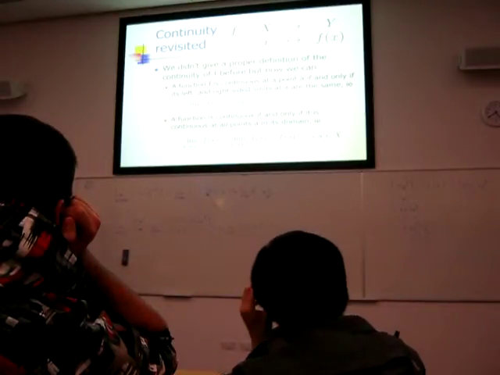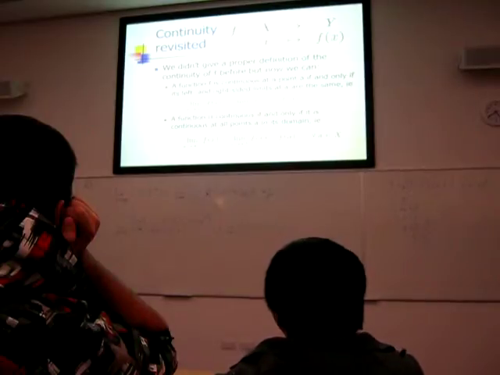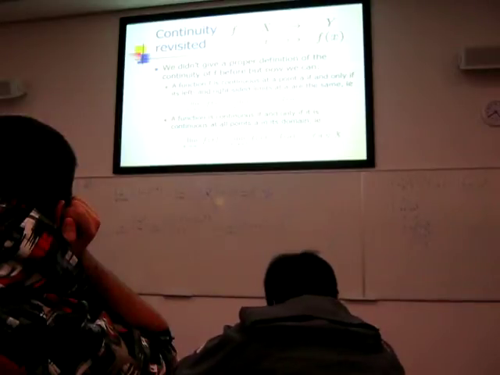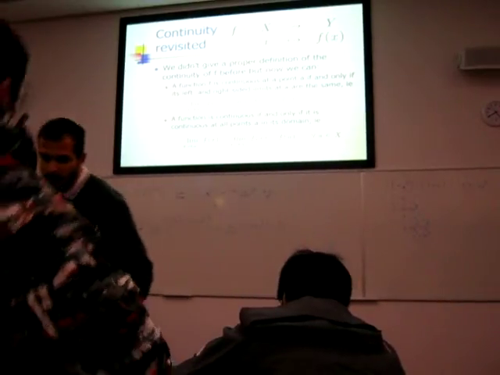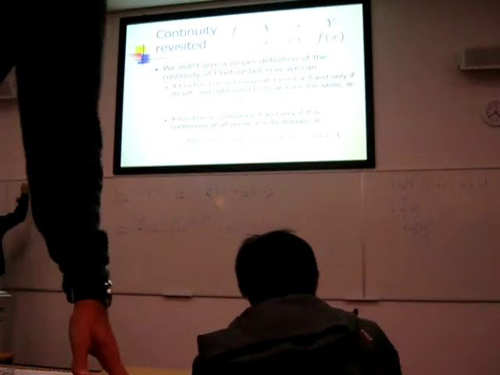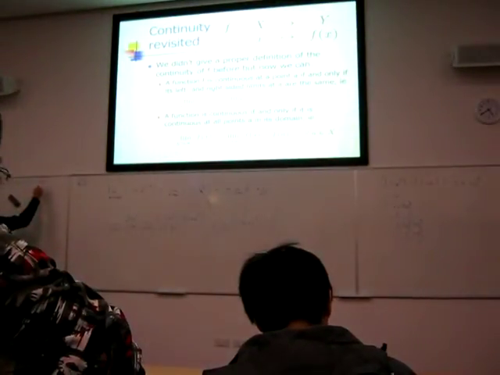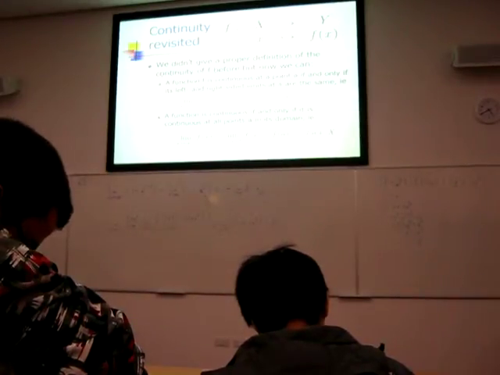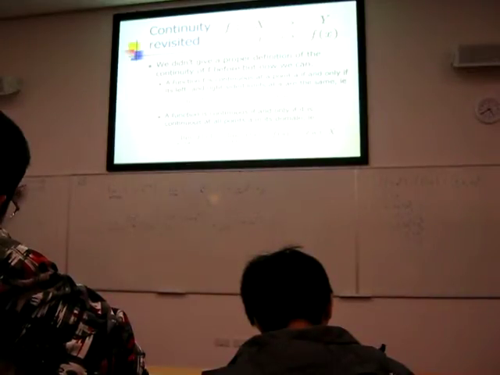Which explains why functions like this, which have obviously this massive jump at this point, for example, at 0, are still continuous, because 0 is not part of their domain.